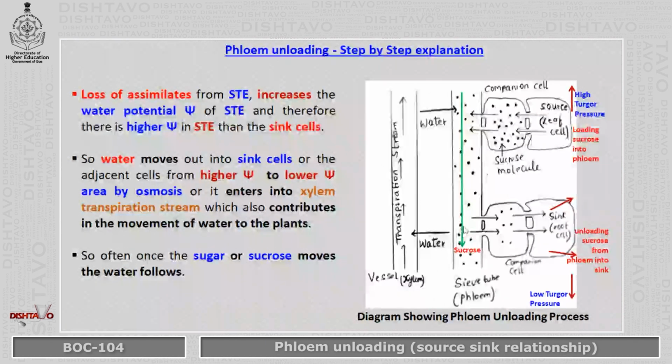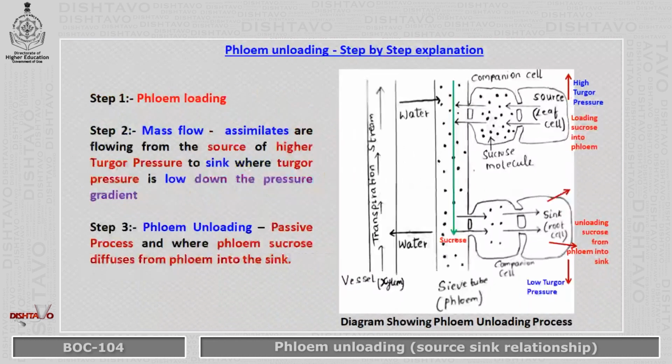So water moves out into the sink cell or the adjacent cell from higher water potential to lower water potential by osmosis, or it enters the xylem transpiration stream, which also contributes to the movement of water in the plants. So often, once the sugar or sucrose moves, the water follows.